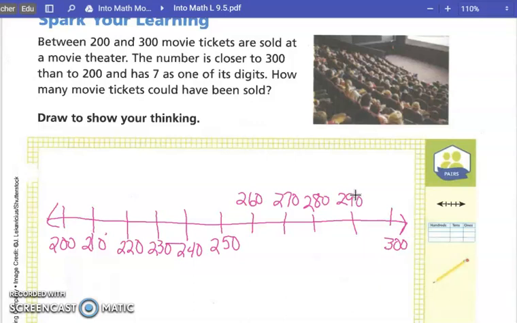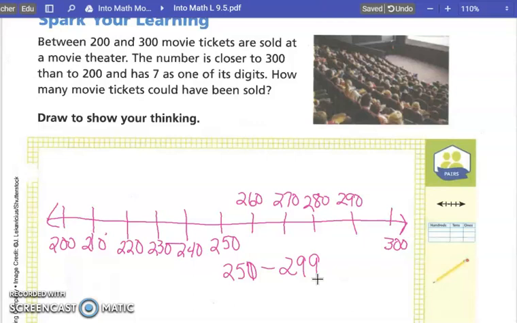It could be any number from 251, right? Because anything over 250, actually, it could be any number from 250 to 299.